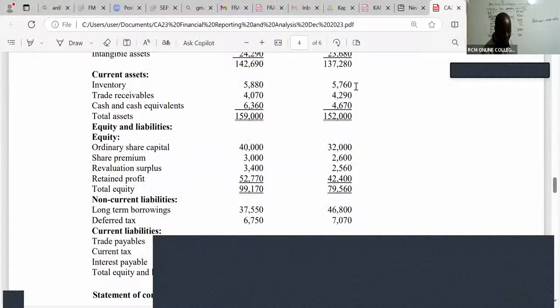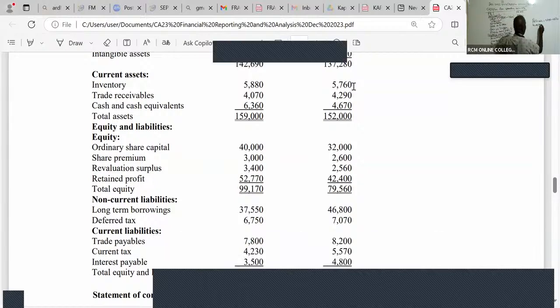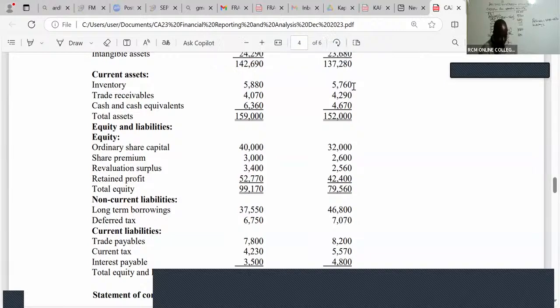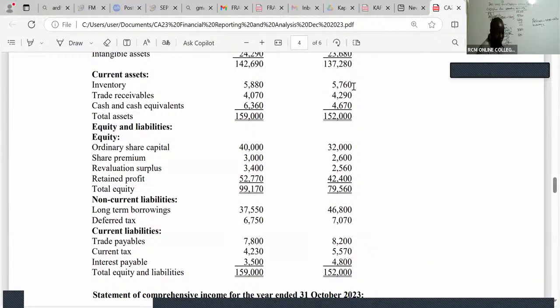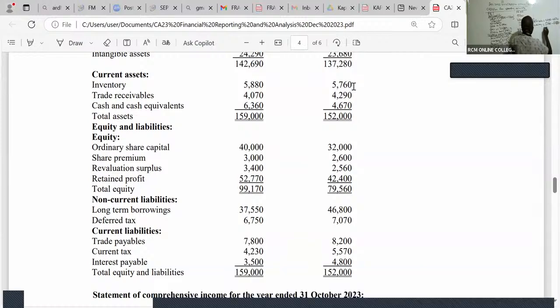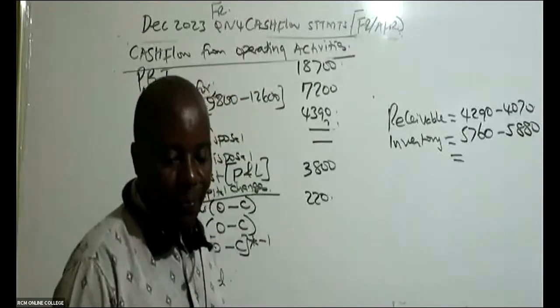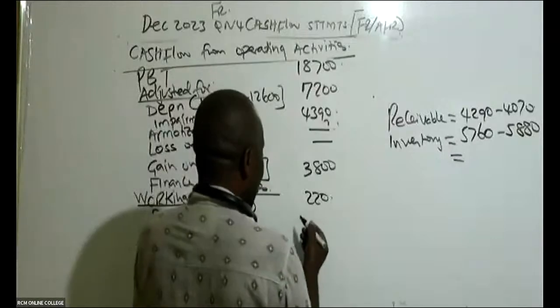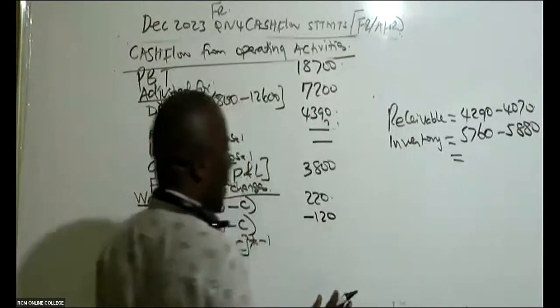We have here 5760 opening minus the closing, 5880. If I get a negative, I'll write that number the way it is. This is the good thing of cramming or working with this approach. You write it the way it is.